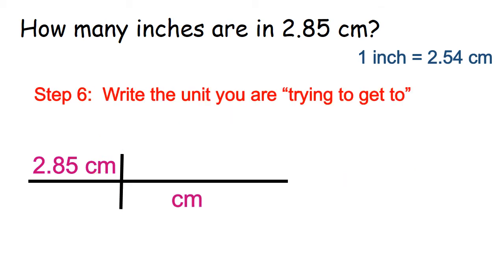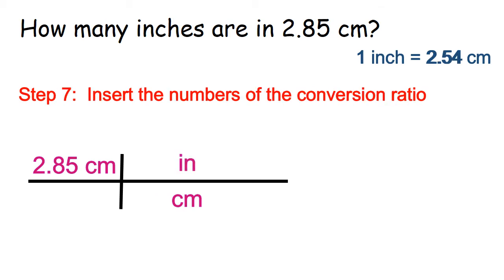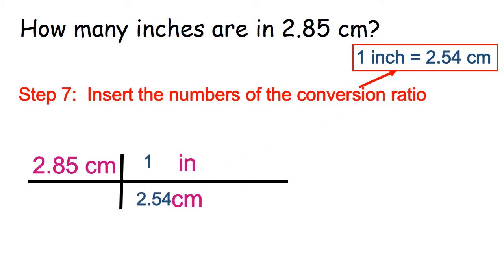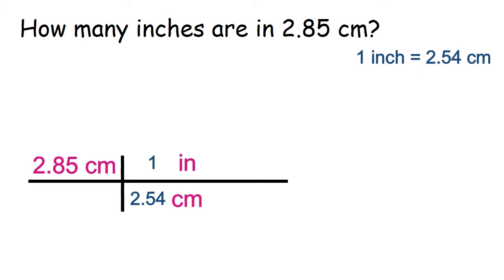Now that you've chased the unit down, you now want to write the unit you're trying to get to, which in this case is an inch. Now that you have that done, now all we have to do is stuff the numbers from our conversion ratio or our equivalent statement into the dimensional analysis. So the 1 comes down there and the 2.54 there. Now we're ready to simply do the math.